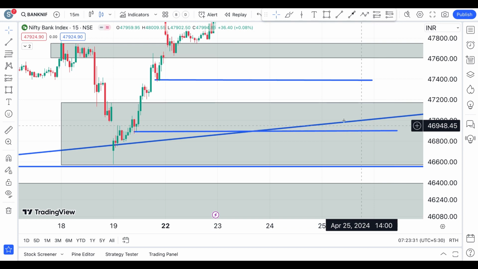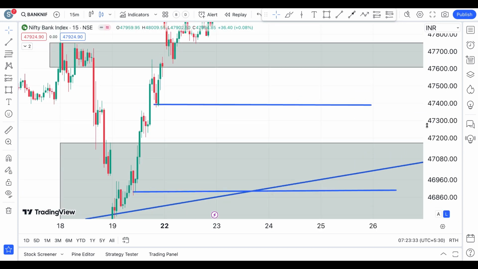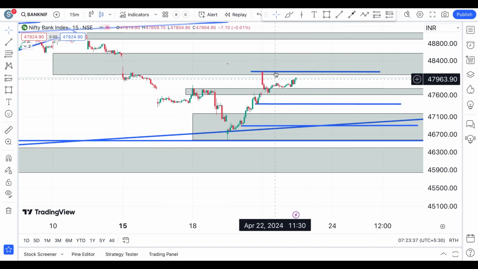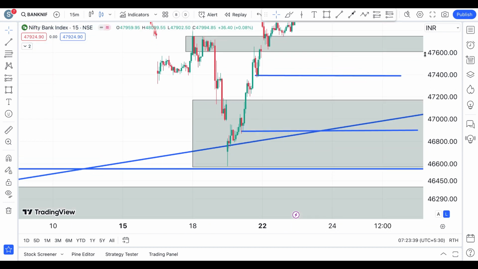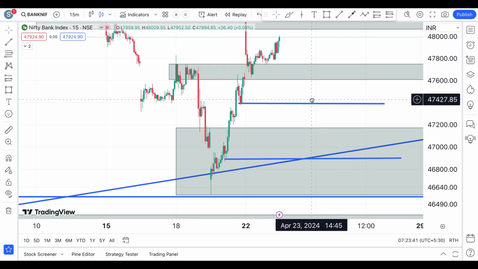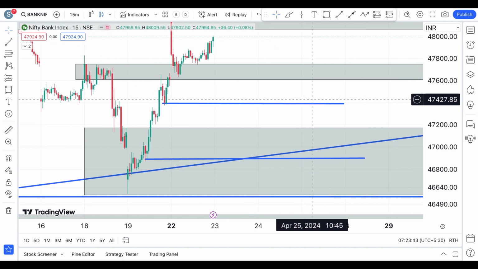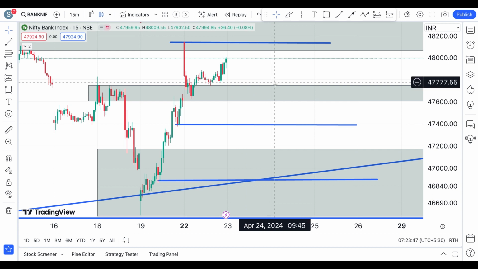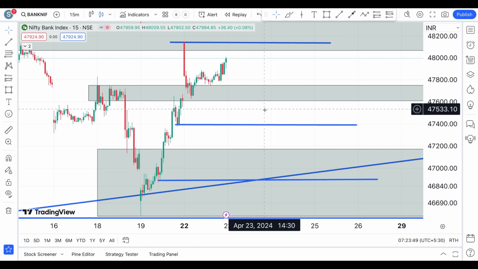So you have to mark all these areas. If you mark all these areas, now you see how much free space Bank Nifty has. It has very little space, right? That is why most of the time you will wonder what is happening, why Bank Nifty is only hovering till there.